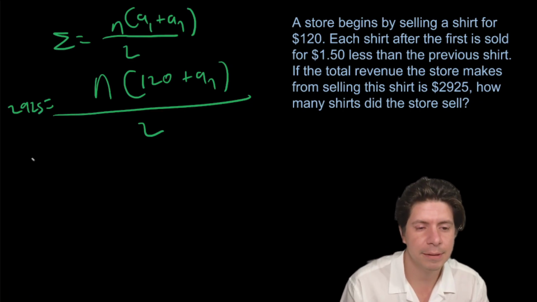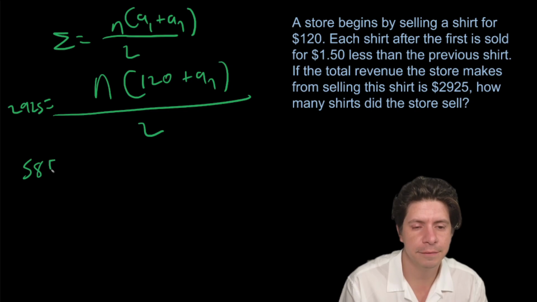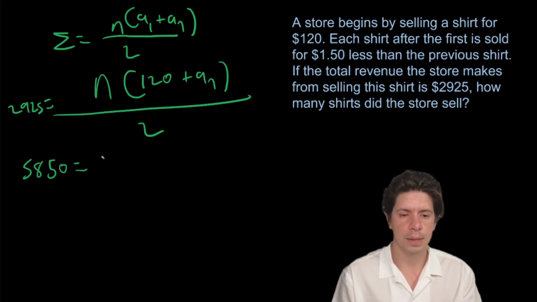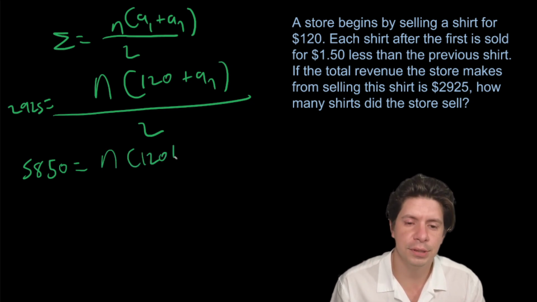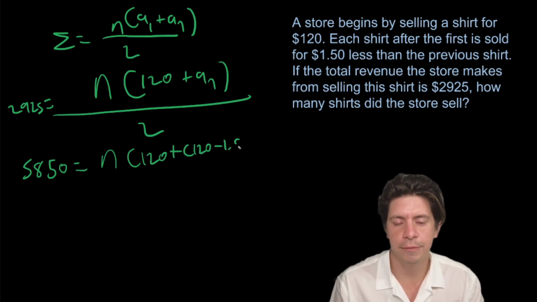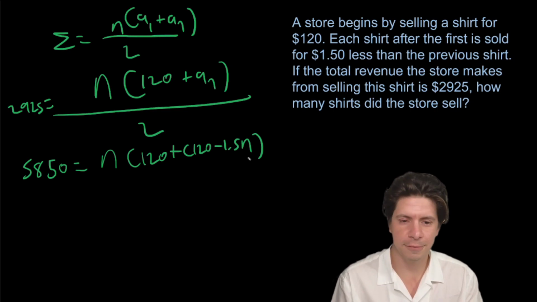So when we multiply by 2, we're going to get 5,850 equals n times 120 plus a value that is going to be 120 minus 1.5 n, because for every n we lose $1.50.